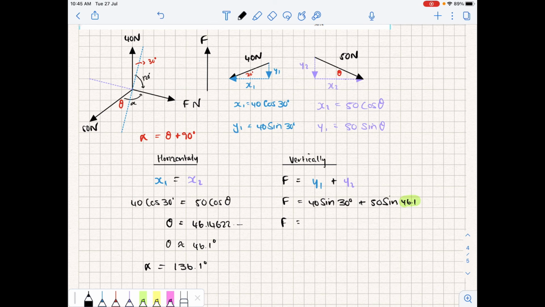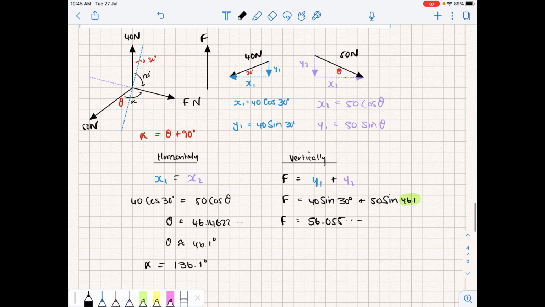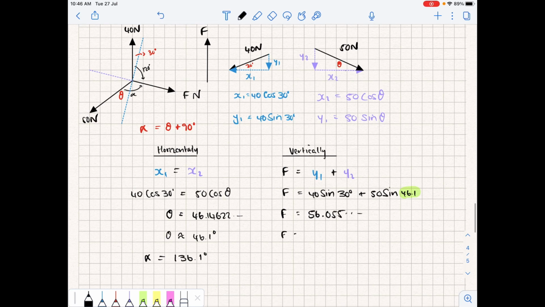So I'll put in 50 sine, my answer from the previous question, and then add that to 40 sine 30. This is going to give me 56.055, etc. Usually at this point we'll round to 3 significant places, so that'll be 56.1 newtons.